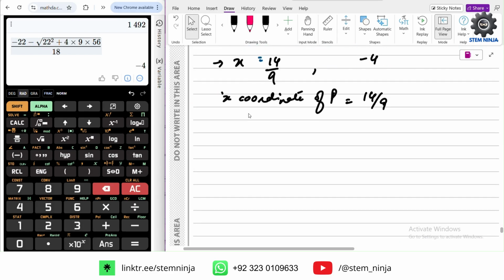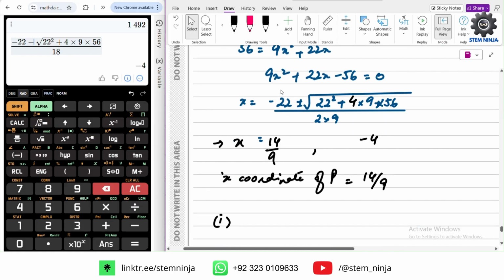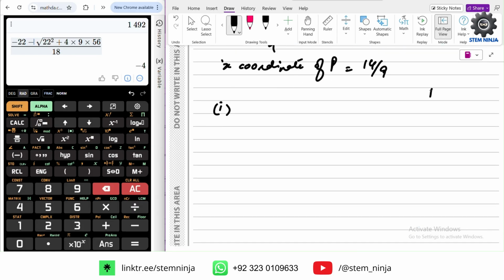So for the first one, we need R, which is minus 4, 84. So the translation vector is (3, 0).